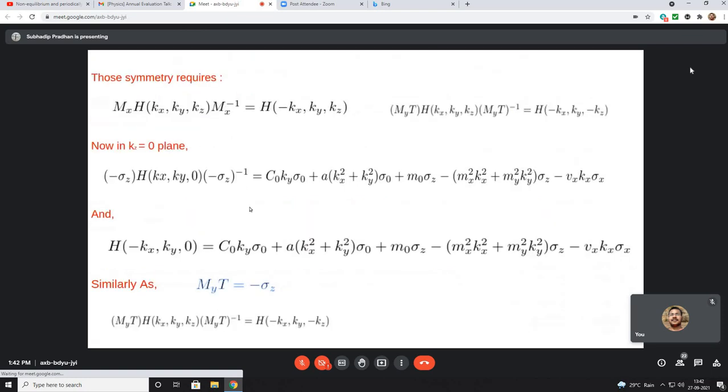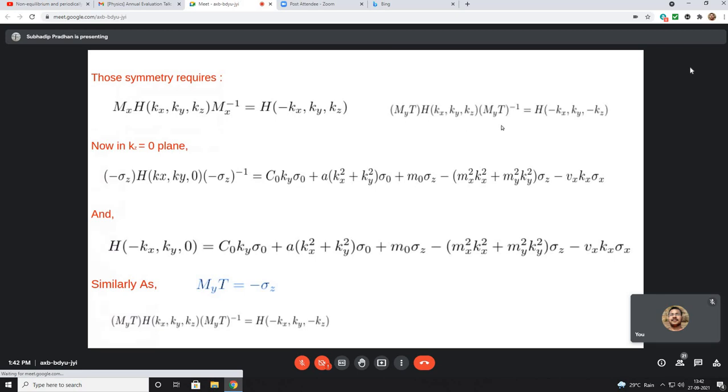For MX, mirror symmetry around X, Kx goes to minus Kx. So H(Kx, Ky, Kz) and H(minus Kx, Ky, Kz) are related by a similarity transformation: MX H(Kx, Ky, Kz) MX inverse equals H(minus Kx, Ky, Kz). And MYT H(Kx, Ky, Kz) MYT inverse equals H(minus Kx, Ky, minus Kz), because T makes Kx to minus Kx, Ky to minus Ky, Kz to minus Kz, and My makes minus Ky to plus Ky.